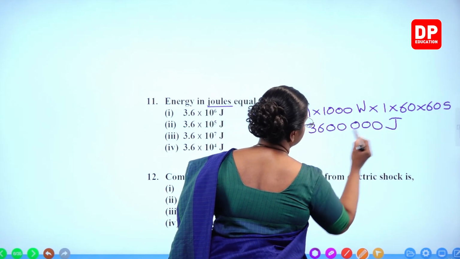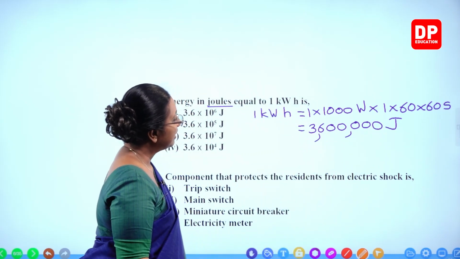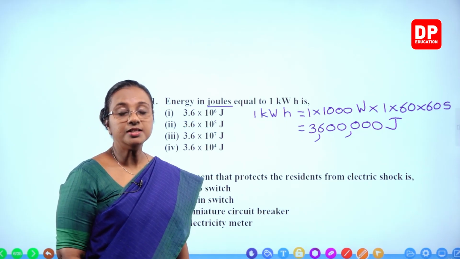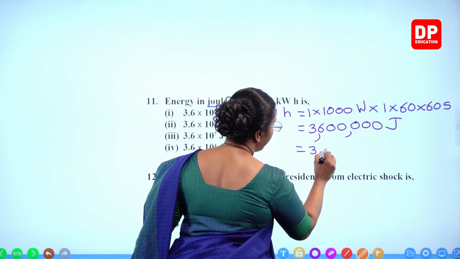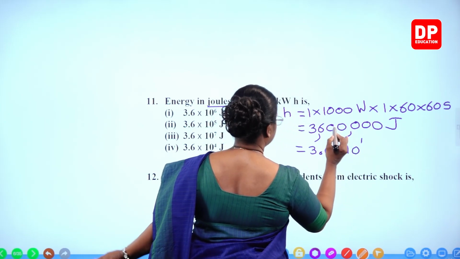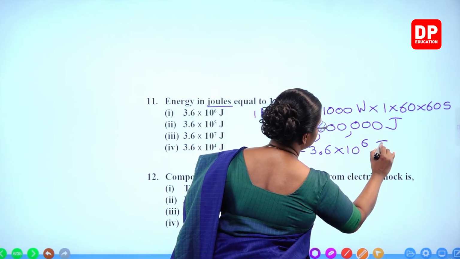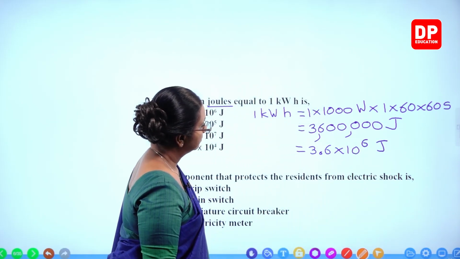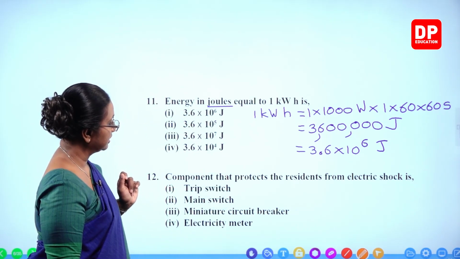as this. So here we have 3,600,000 joules, or that can be written as 3.6 into 10 to the power of 6 joules. So that is another way of writing it.